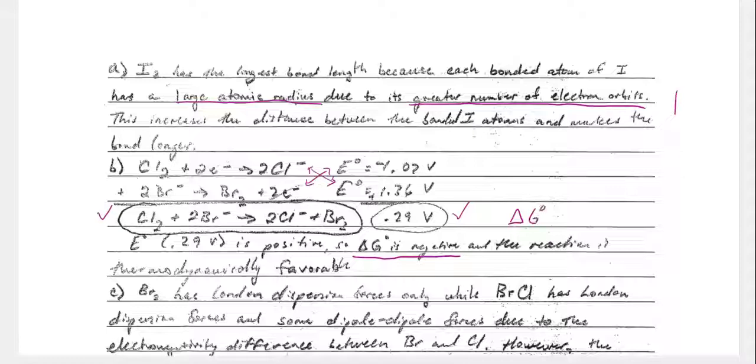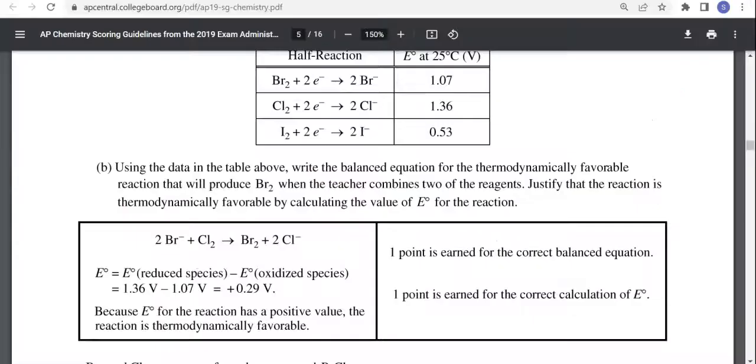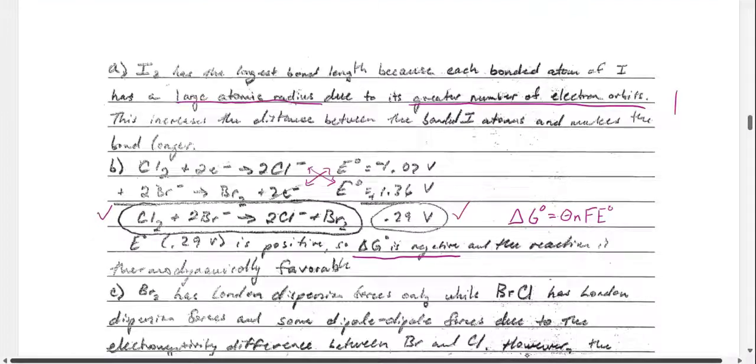Delta G equals negative NF E0. So basically, delta G and E0 always have opposite signs due to this negative sign in the equation. So that is true, but you don't necessarily have to write it. Just E0 being positive is enough to prove that the reaction is thermodynamically favorable. But I'm going to give them 2 points for this one.